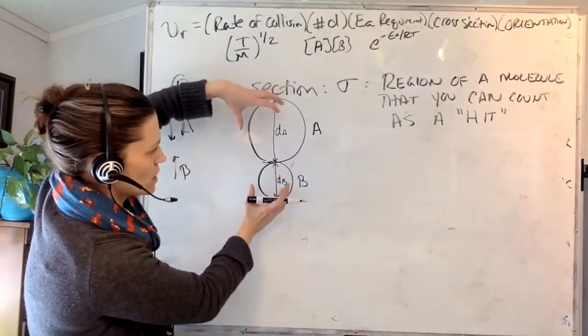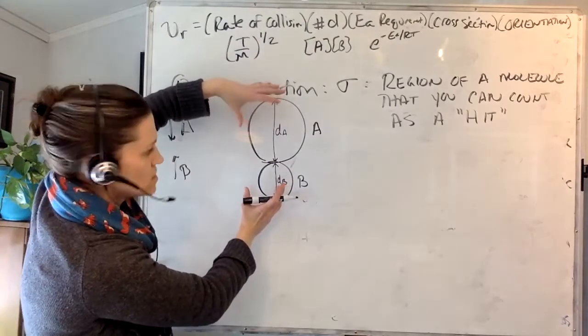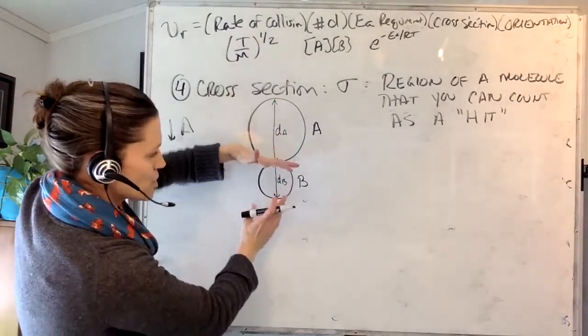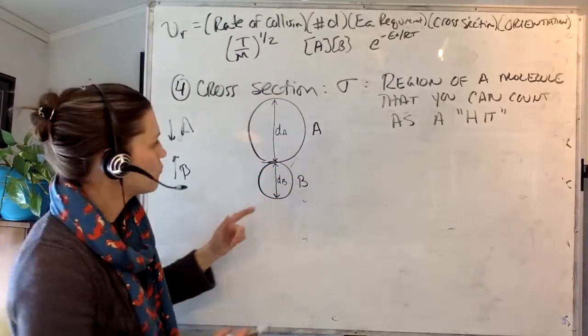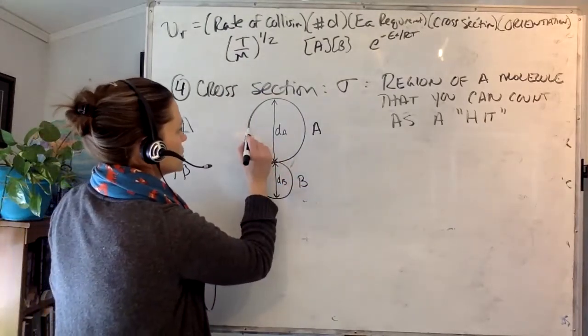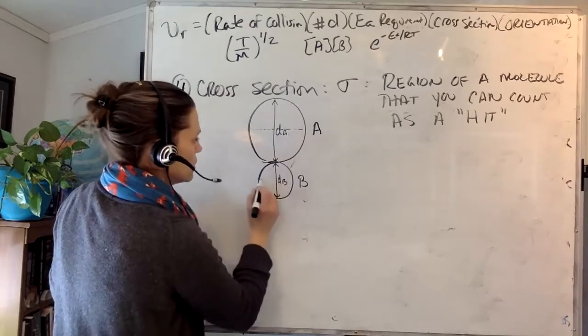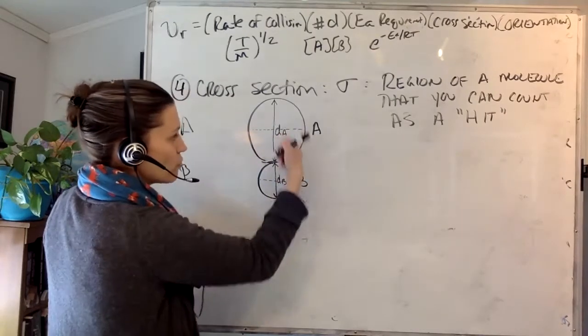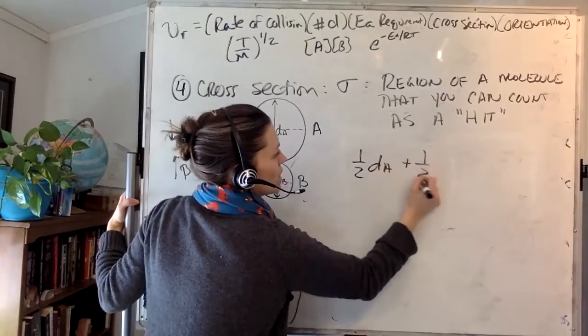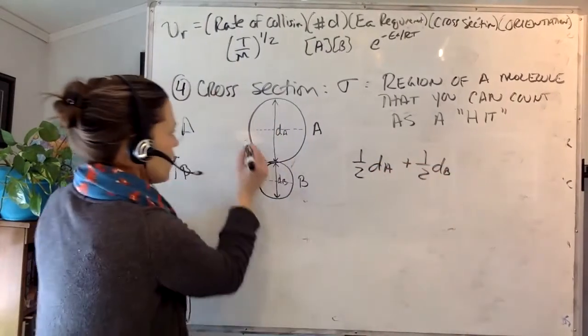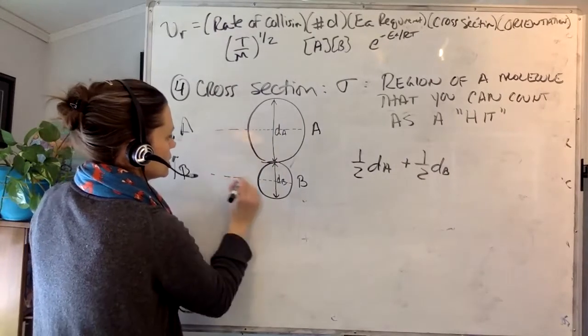And the question becomes, at what point does the connection between B and A occur that you can call it a hit? If we think about this as halfway between, so 1/2 dA plus 1/2 dB, that would be this distance.